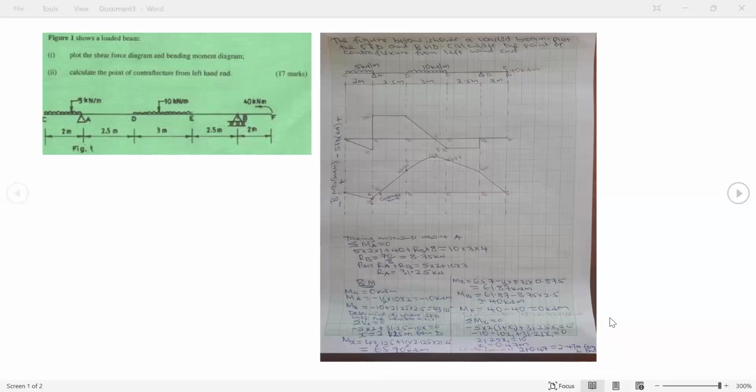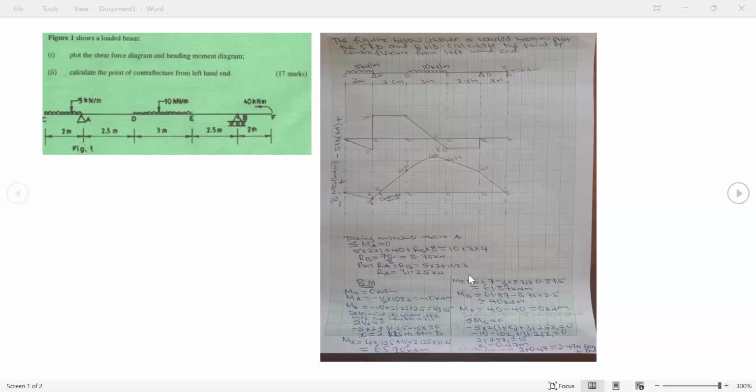So from there, the only unknown is x1. You can solve for x1 and find x1 is 0.47 meter. But remember, 0.47 meter is just from point A to where the line is crossing the neutral line.